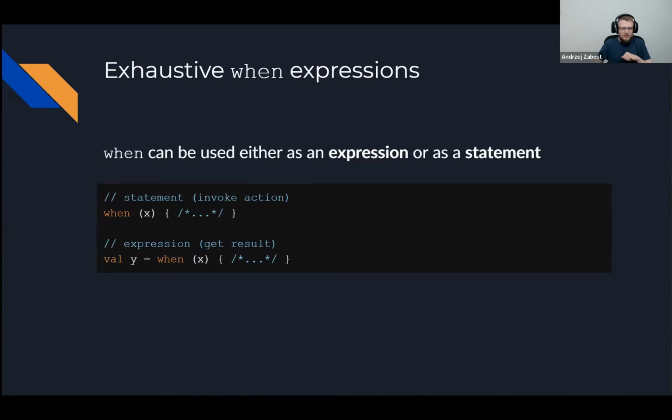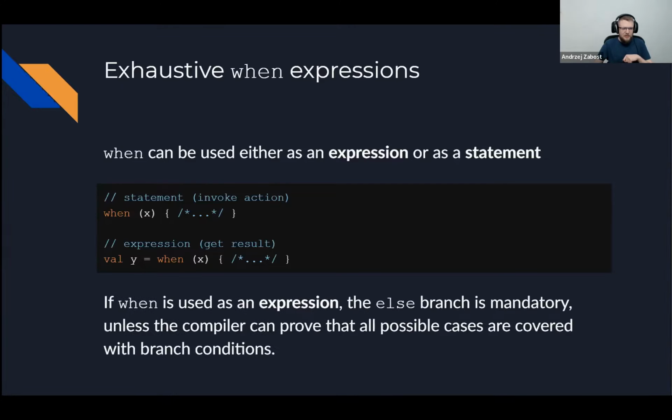And a statement is the situation where we use when to just invoke some action and we don't get anything out of it. The former situation, with the expression, forces the compiler to make sure that for every possible case in when there is something returned out of it.